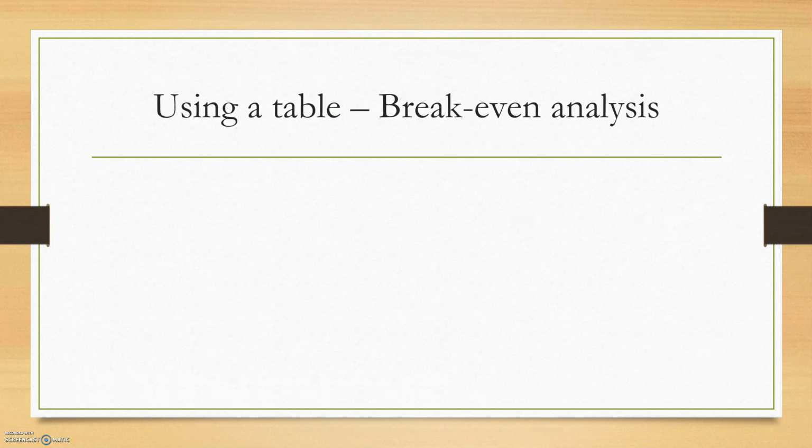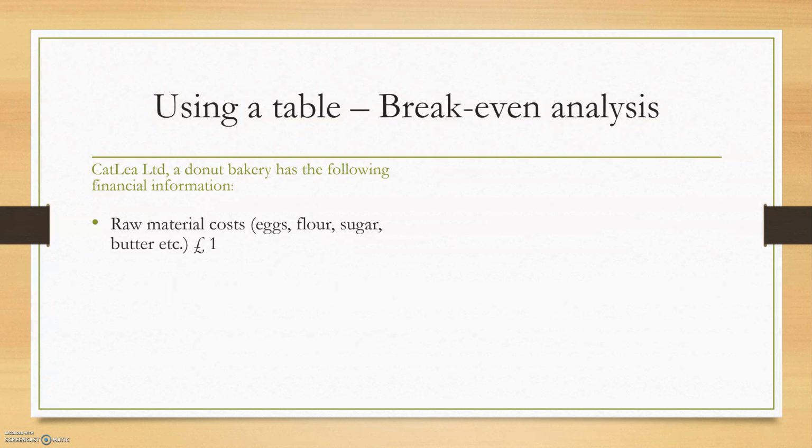So here's some financial information. Let's assume that there is a donut bakery called Catley Ltd, and it's a British-based donut bakery. The financial information we have here is: to make a pack of donuts, we need eggs, flour, sugar, and so on. So it's about $1 we're assuming to produce 1 pack of donuts.